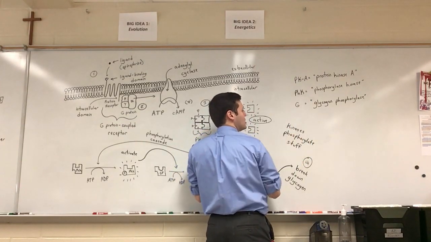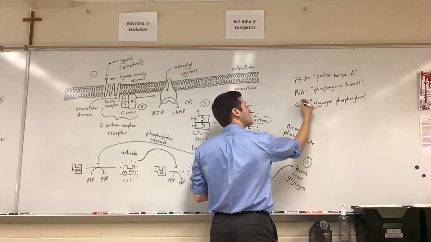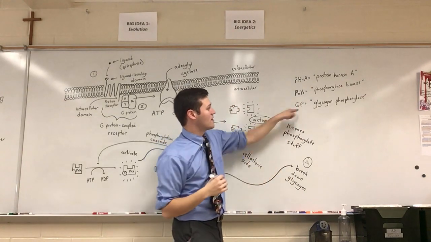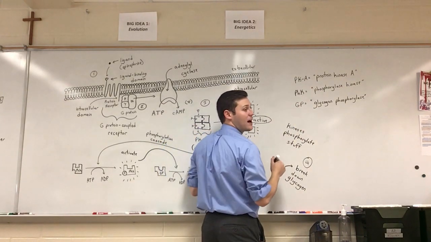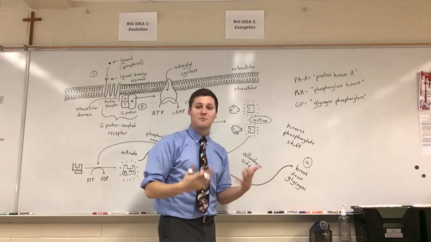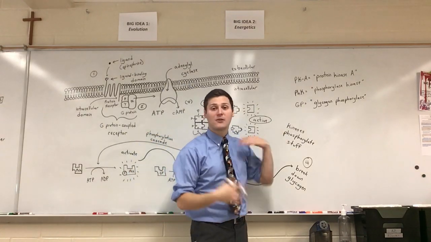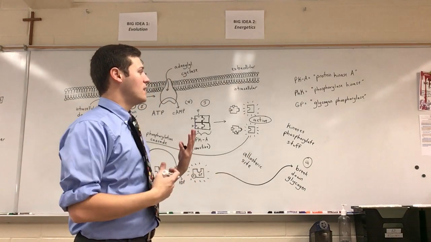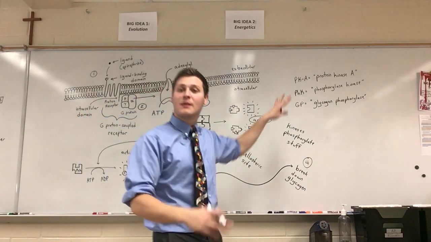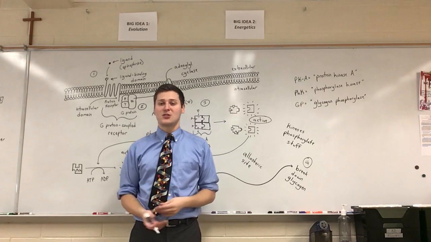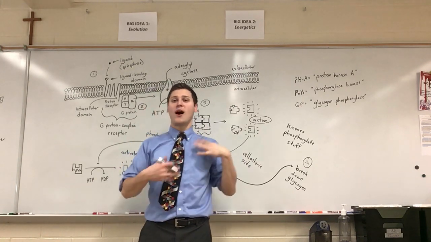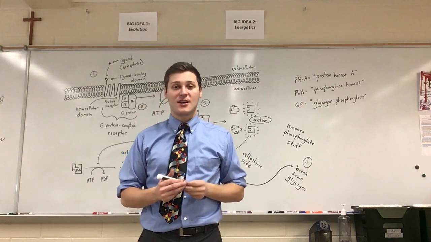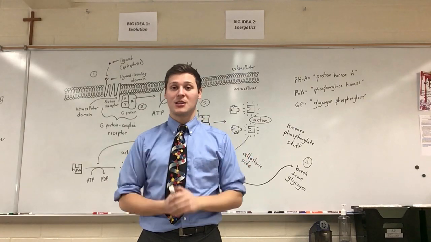Sorry, this should actually be GP, glycogen phosphorylase. And glycogen phosphorylase, once it's phosphorylated, becomes active, and it will break down glycogen. So that's just some elaboration on the naming scheme here to help you understand what each enzyme does and why it's named the way it is. So hopefully that was helpful, and I will see you in the next video.